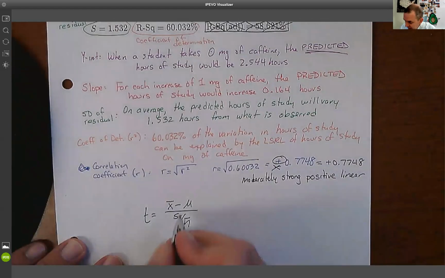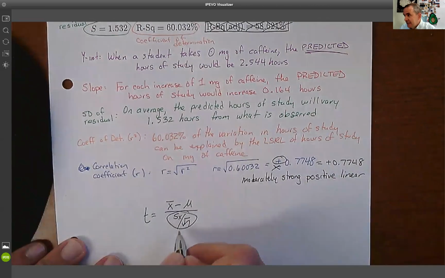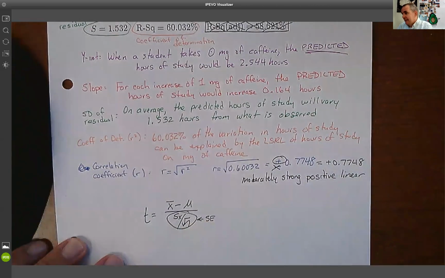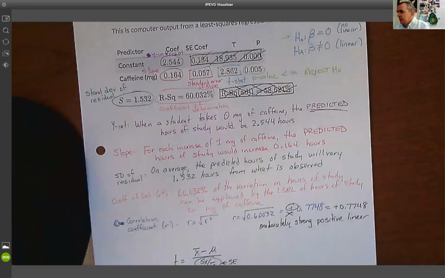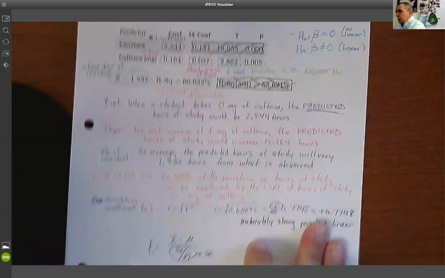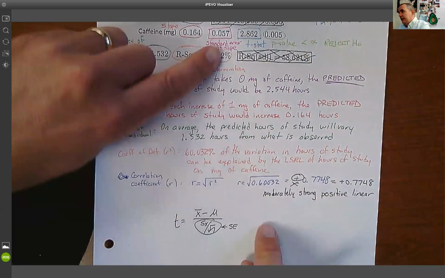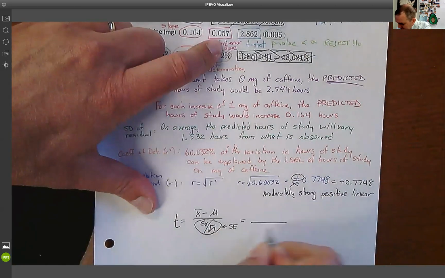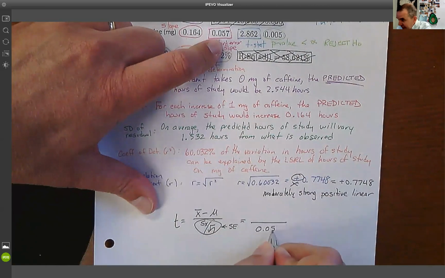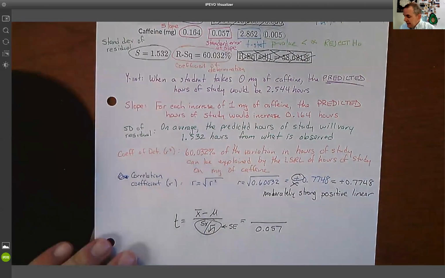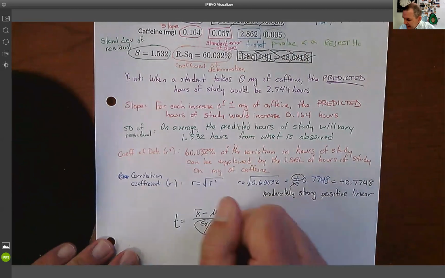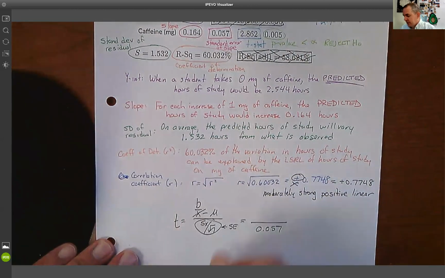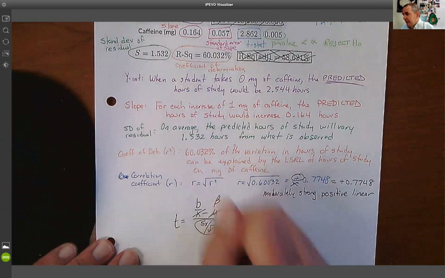Now, I will tell you, this guy down here is my standard error. So this 0.057 is this number down below. Now up top, instead of x bar, we are going to use b. B is how we represent slope. Instead of mu, we're going to represent beta.